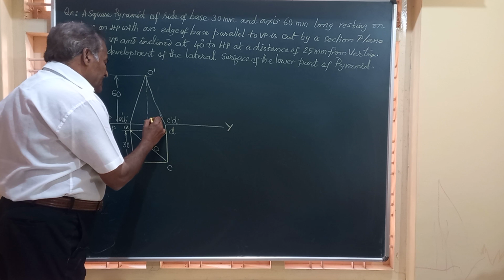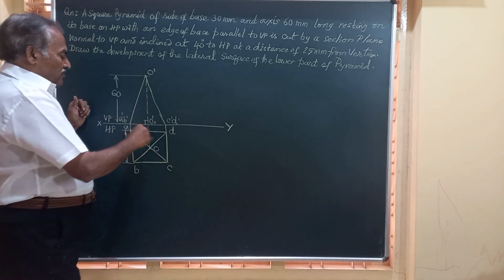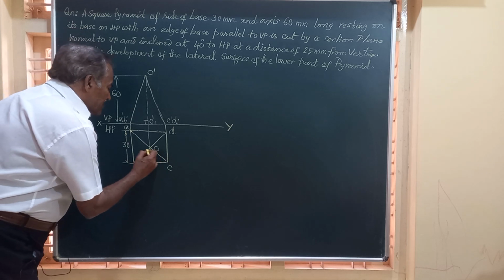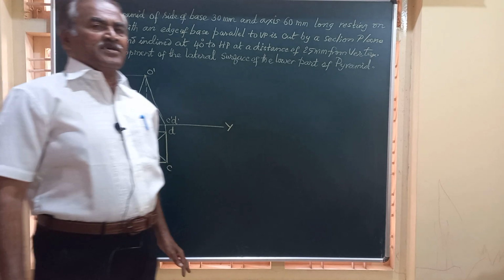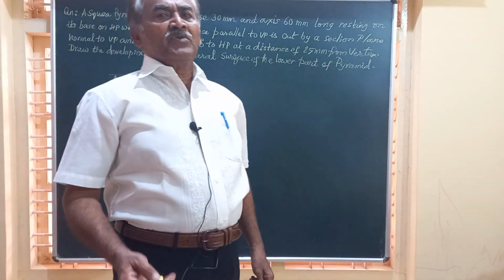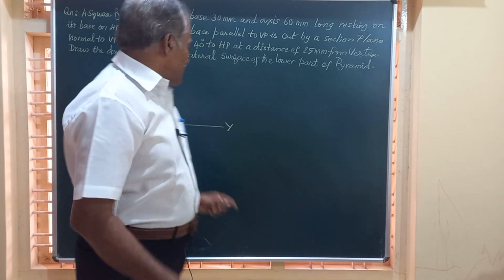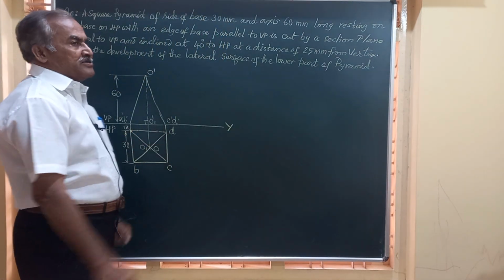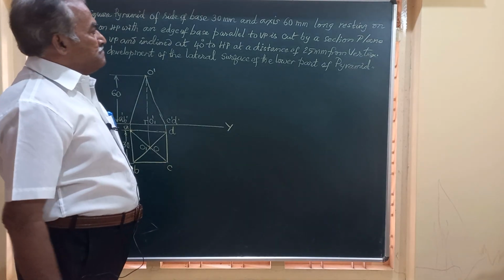That is valid only in case of the square pyramid. So this is O1 dash, O dash, and we will mark this O1 here. O1 is the center of the base. So we have placed the object on HP with one of the base edges parallel to VP. You can say AD is parallel to VP, or BC is parallel to VP.